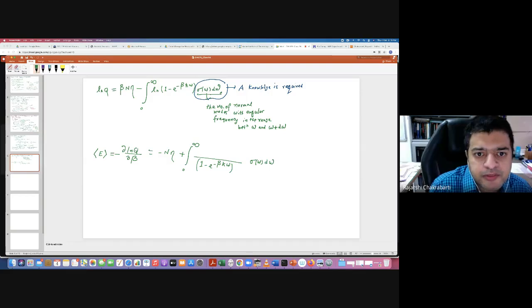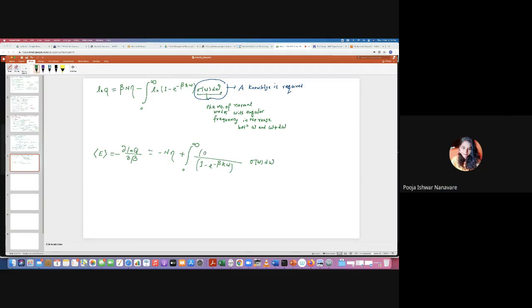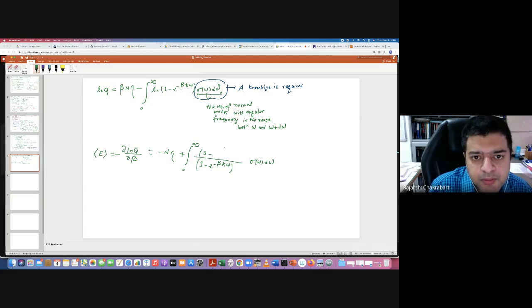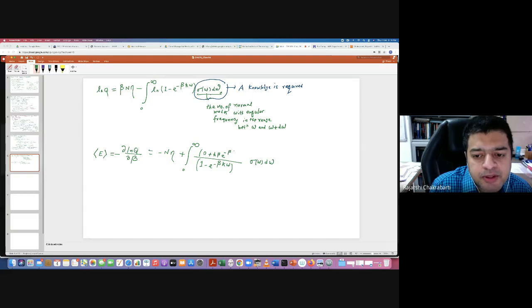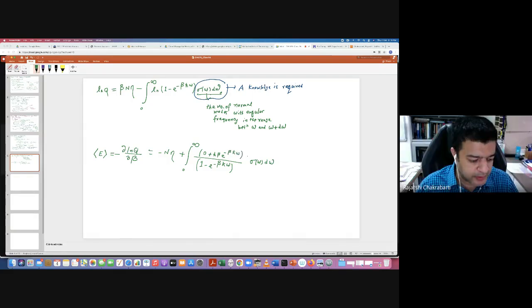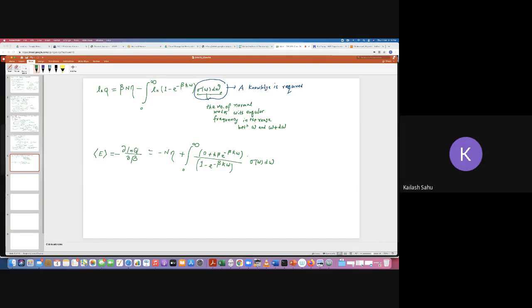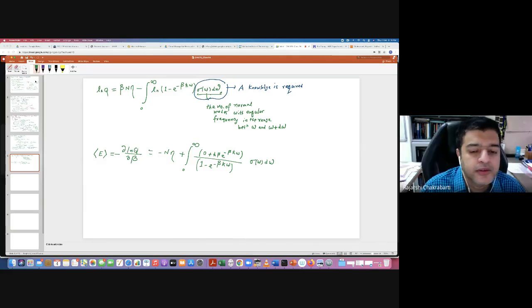What about this? This is h cross minus omega beta, minus minus. Now you differentiate with respect to beta, so the minus and minus will combine to plus. It will be h cross omega exponential of minus beta h cross omega. I hope I have not done anything wrong. Not beta but omega. Yes, sorry, you're right.